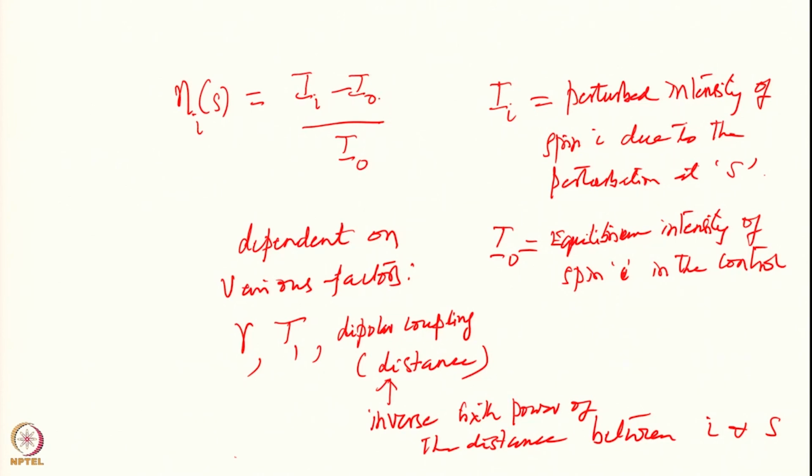So with respect to the unperturbed intensity, this is the change in the intensity that we are measuring. So the effect of that is what is useful in quantitative estimations of distances, which in turn is a structural parameter. Okay. So we can stop here.